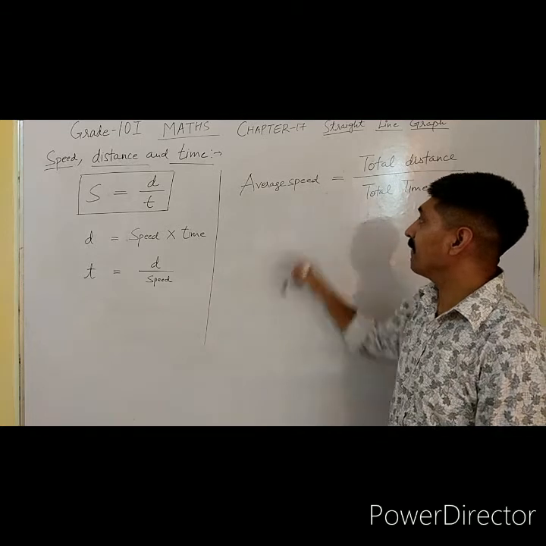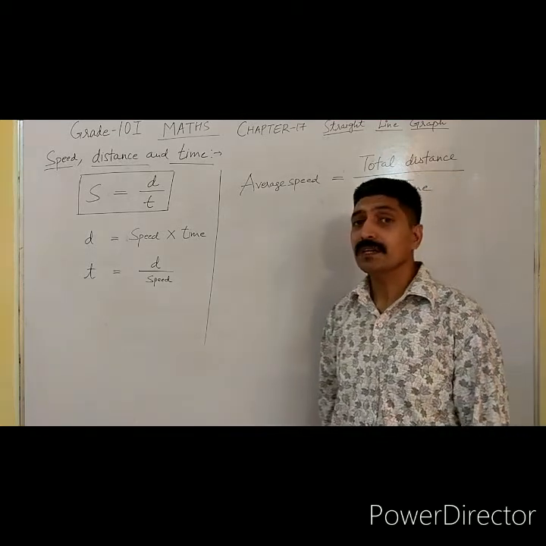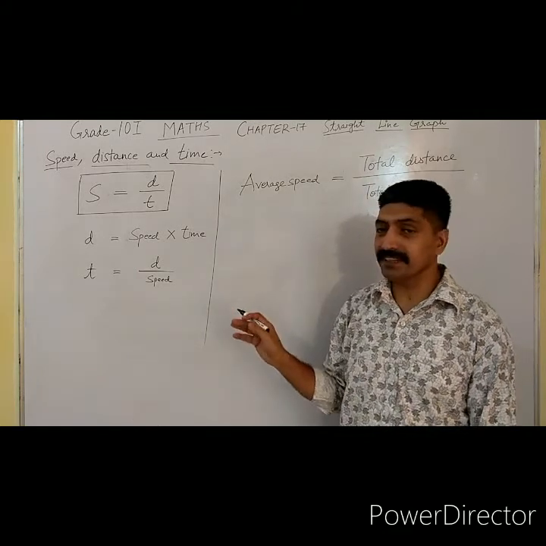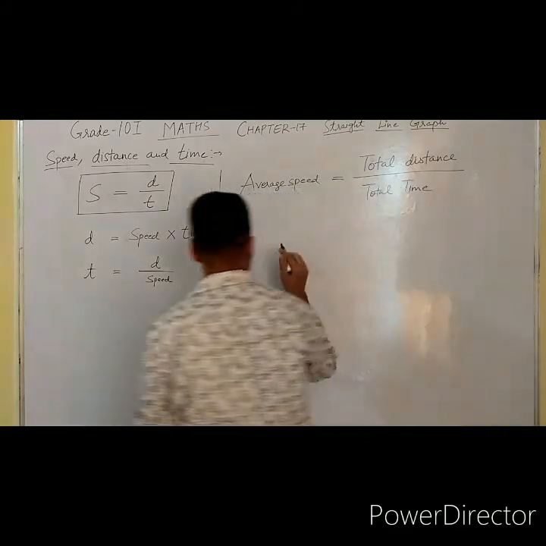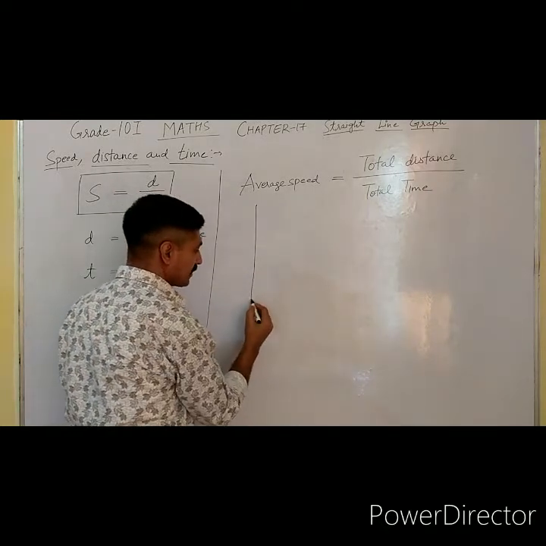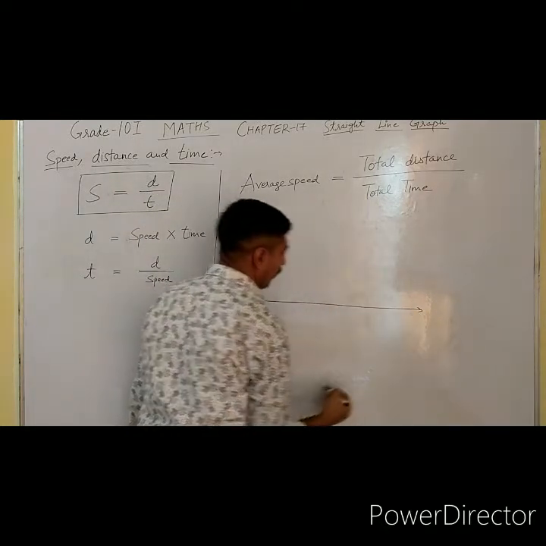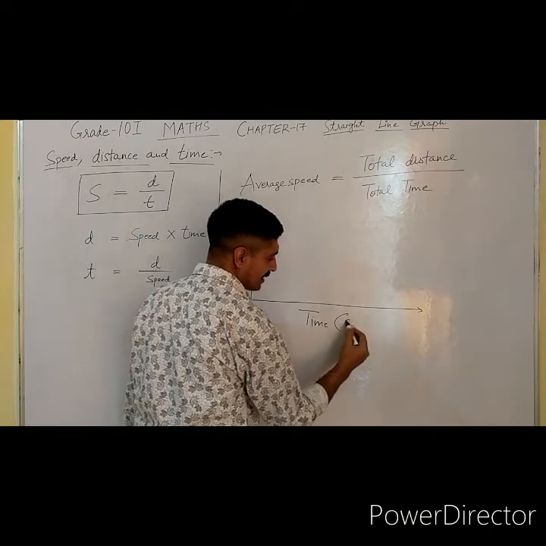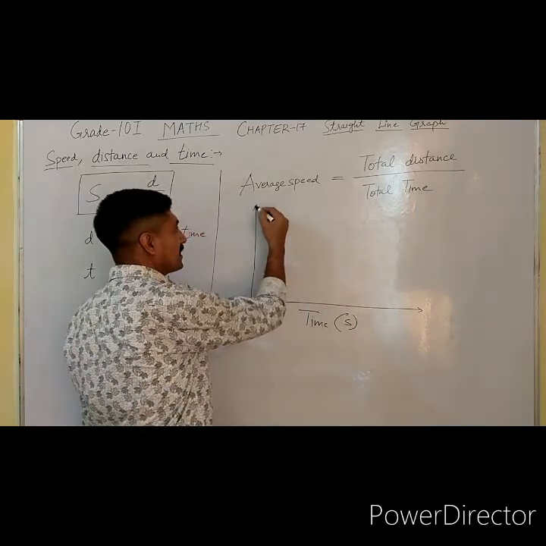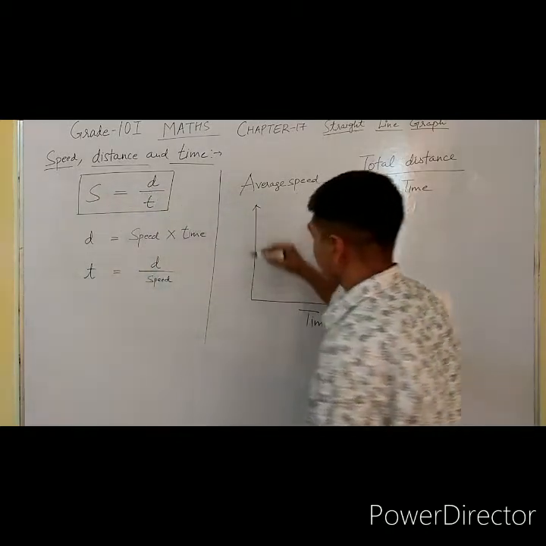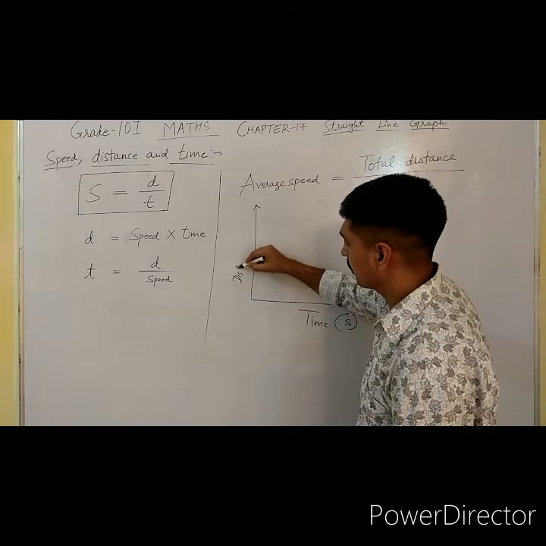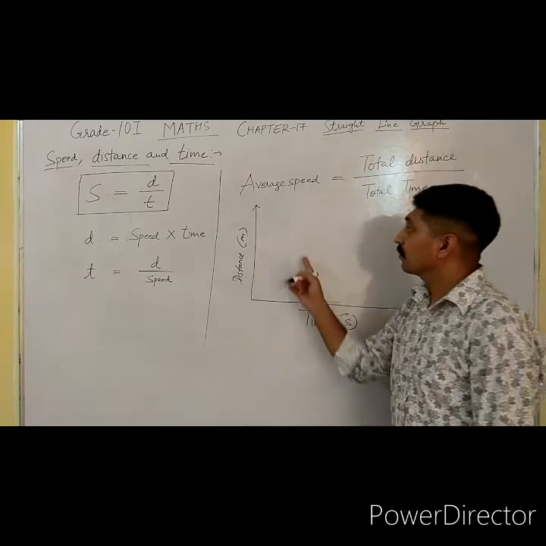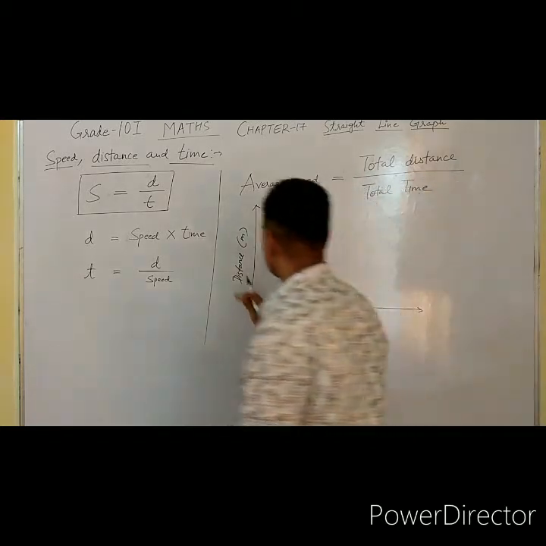This is called the average speed. A very important concept here is regarding the units. If along the x-axis we are taking time in seconds, and along the y-axis the distance, we have to check the units.